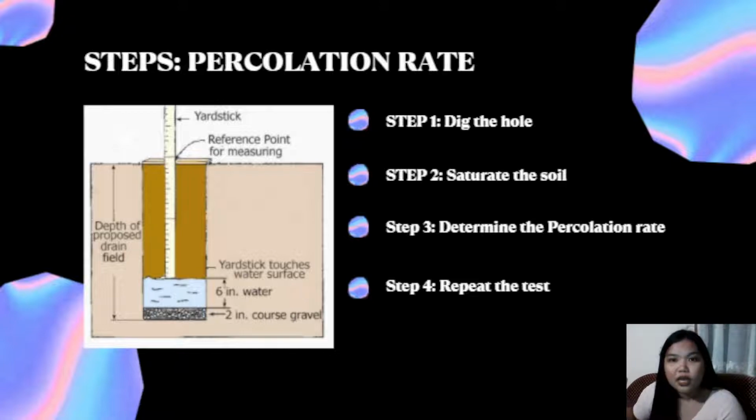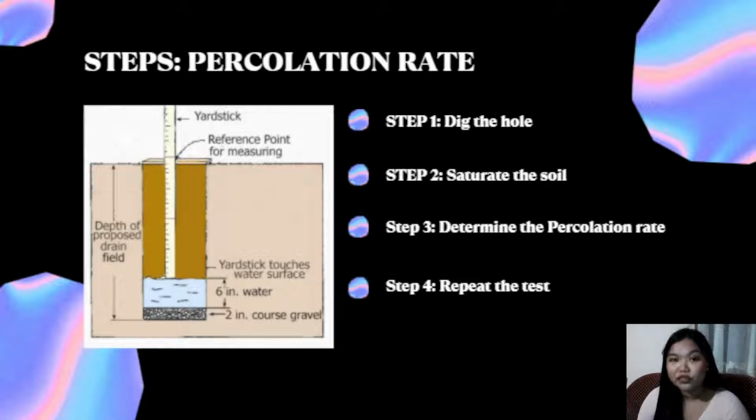For example, if it takes 1 hour for the water level to drop 150 mm, then the calculation would be 60 minutes times 60, which is equal to 3,600 seconds. 3,600 divided by 150 results in 24 seconds, and that is your VP number or VP value.